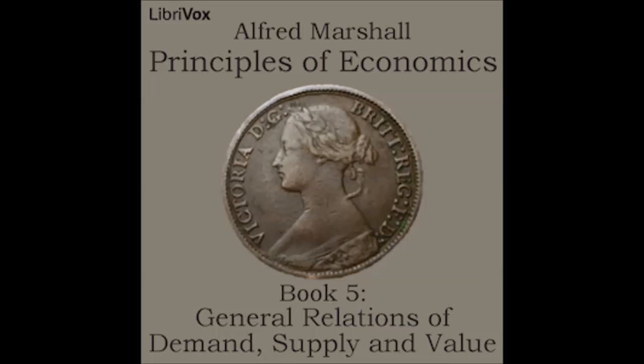In fact, when trade is slack, a producer will often try to sell some of his surplus goods outside of his own particular market at prices that do little more than cover their prime costs, while within that market he still tries to sell at prices that nearly cover supplementary costs, and a great part of these are the returns expected on capital invested in building up the external organization of his business.